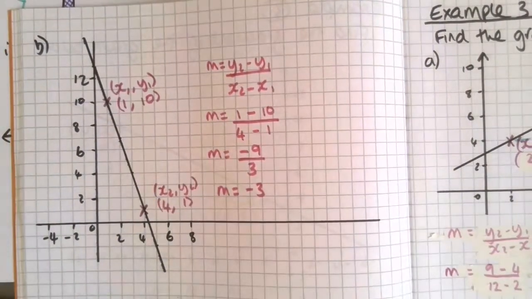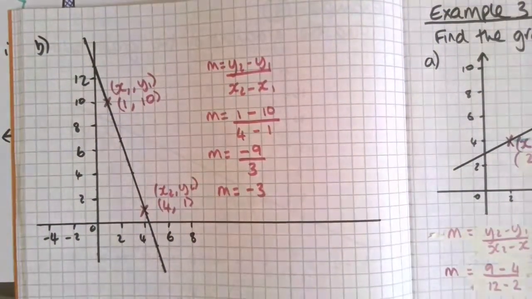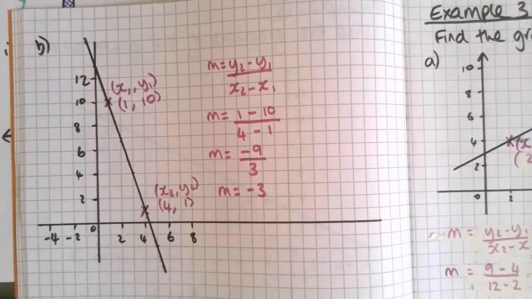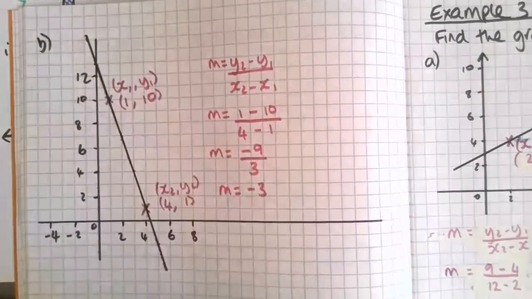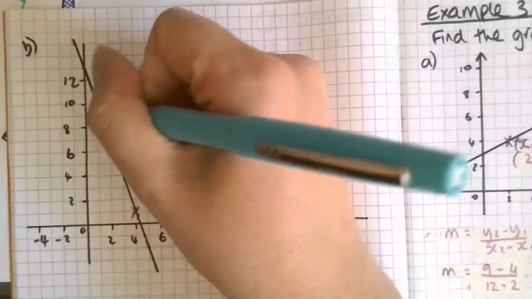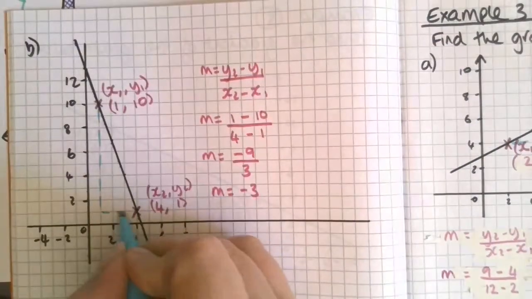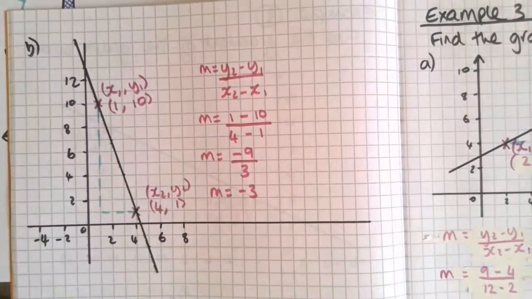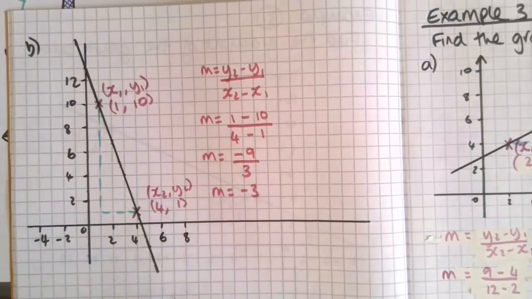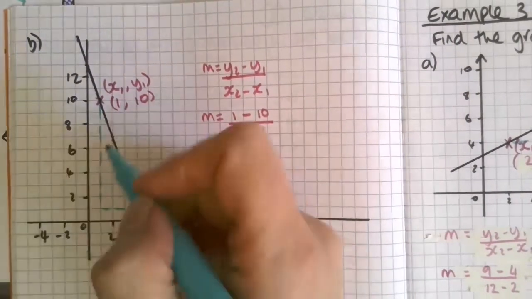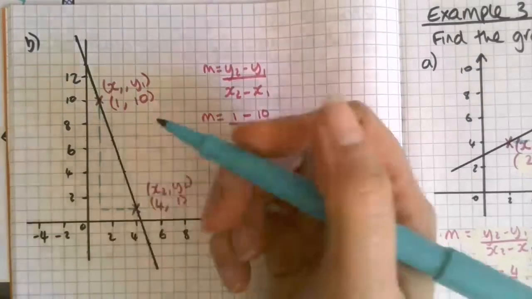Okay. Now, if I was to do the rise over run method for the same thing, again, I would have to pick 2 points. Let's use the ones I've already picked. I'm drawing on the lines just like I did the last time. Now, do you remember at the start I said you need to be careful if you do rise over run, because this technically isn't a rise, it's a fall.